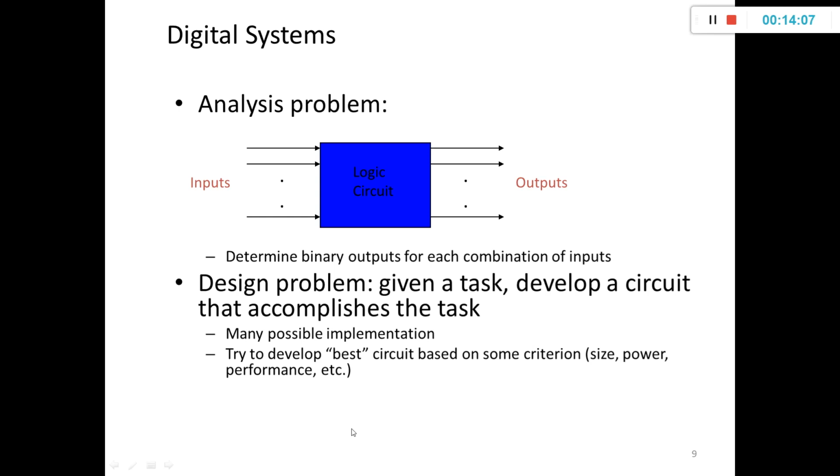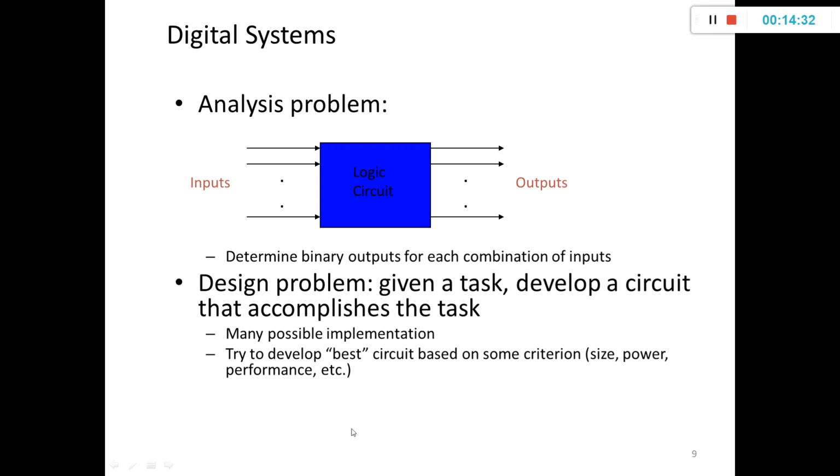Depending on the criteria, the parameters you have to choose are size, power, and performance. Performance in terms of time. What is the time required to execute this? That is nothing but the performance of the system. So given a design problem, you need to complete the task in the best possible way.